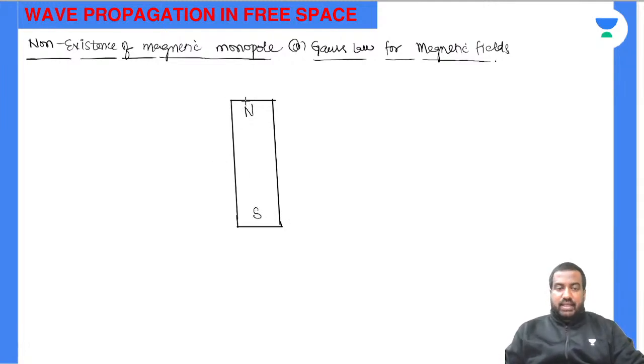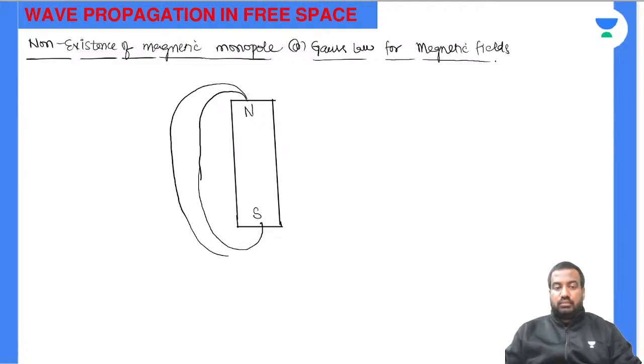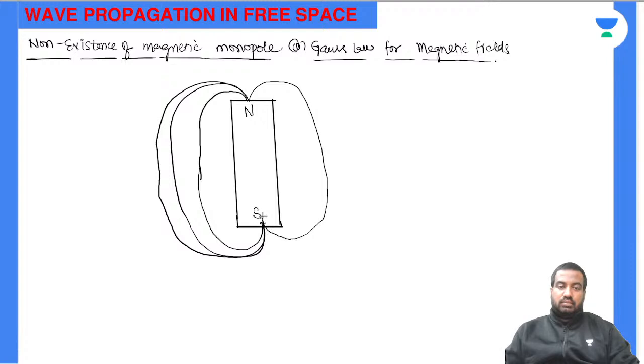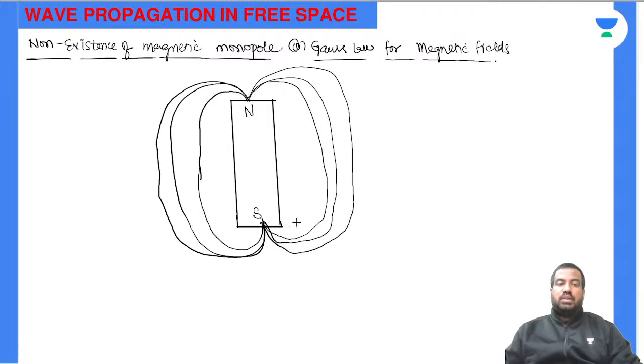And now the magnetic flux lines move from North Pole and they end on South Pole. They start on North Pole and they end on South Pole.